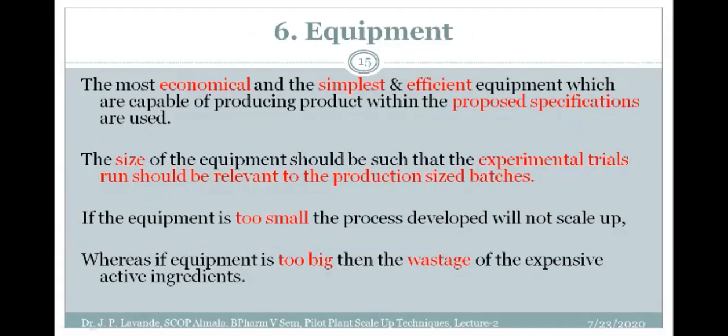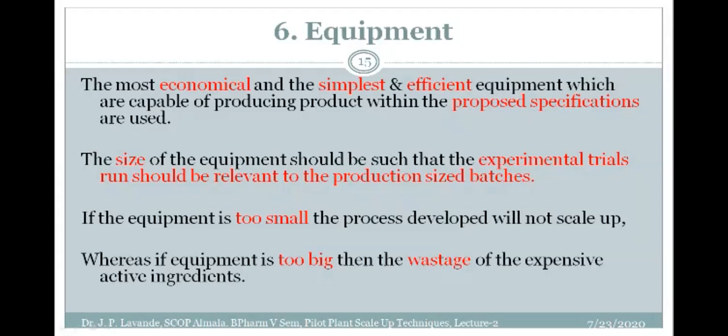The size of the equipment should be such that the experimental trials run should be relevant to the production sized batches. Yes. So what results we are getting in the pilot study, the same result should be obtained in the large scale production.